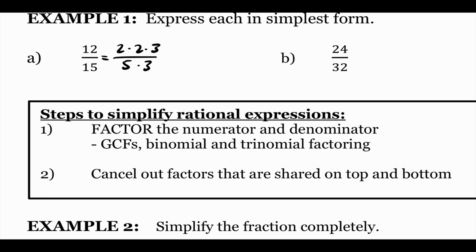Now, what number do they share on top and on bottom? 3, which is the greatest common factor, right? So on top, we get 2 times 2 times 1, which is 4. On bottom, we get 5 times 1, which is 5.